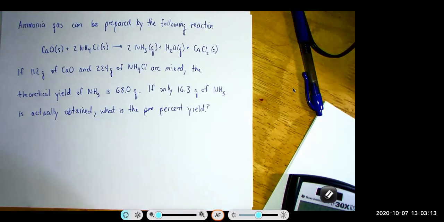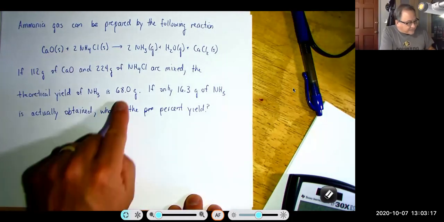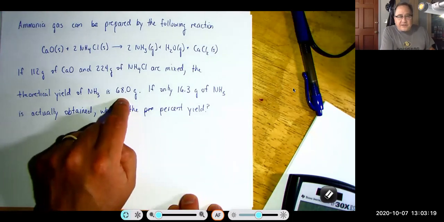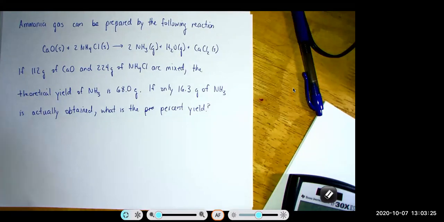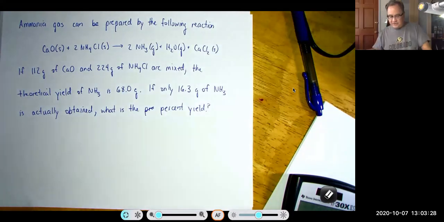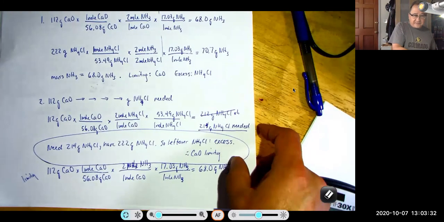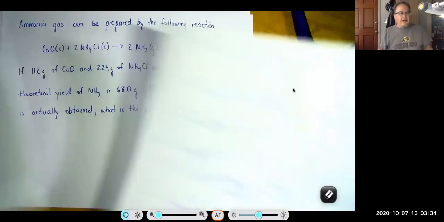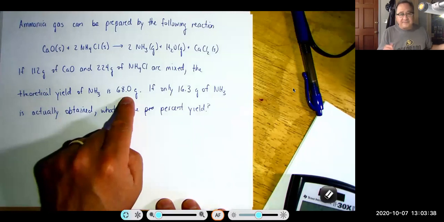Do you remember the problem with calcium oxide and ammonium chloride? Yeah. And we figured that it was 68 grams for the theoretical yield, not 70 point whatever grams. Yeah. Okay, so we did this problem just a moment ago. It's kind of nice because this says the answer is 68, and we got that.